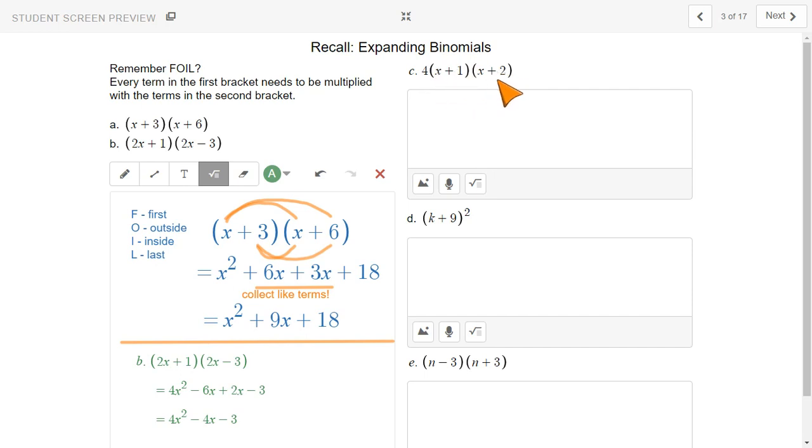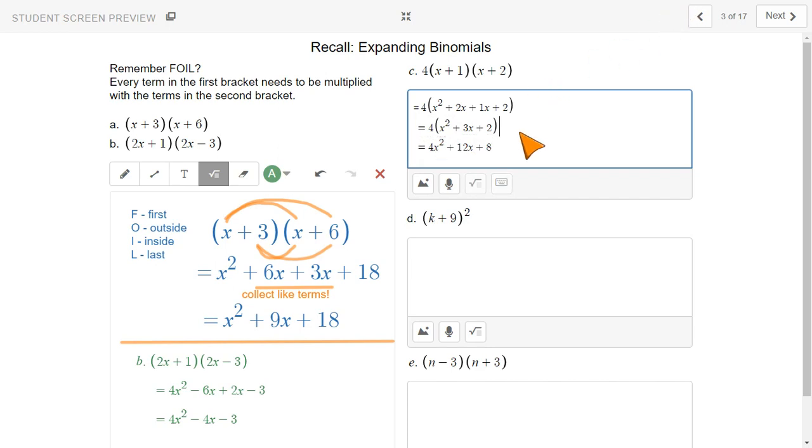So let's expand the binomials with the 2 brackets, and then we'll distribute the 4. 4 times x squared plus 2x plus 1x plus 2 equals 4 bracket x squared plus 3x plus 2, and then 4x squared plus 12x plus 8. We collected our like terms inside the bracket, and then we took the 4 and distributed into the bracket.